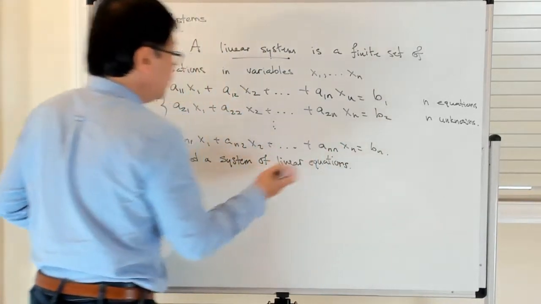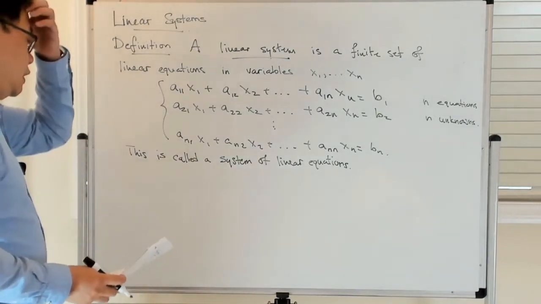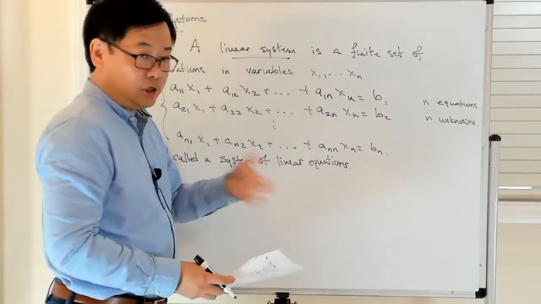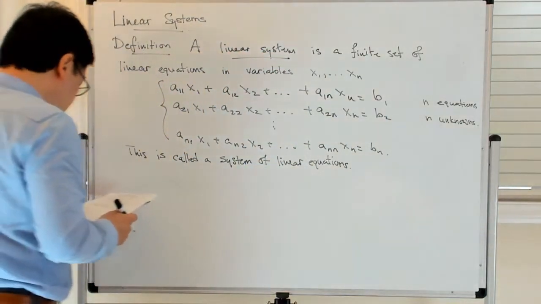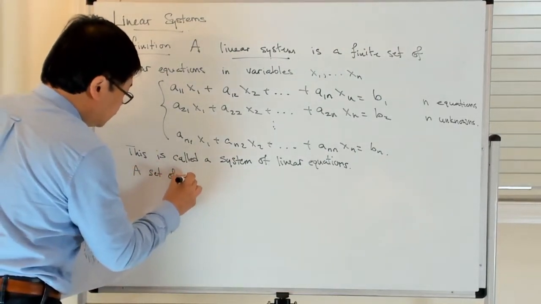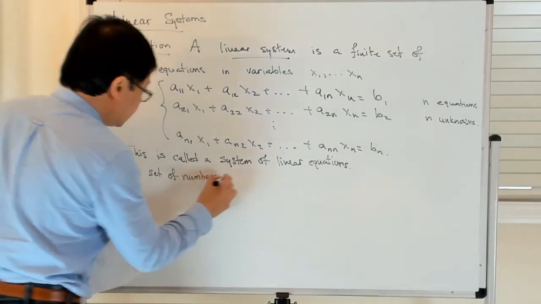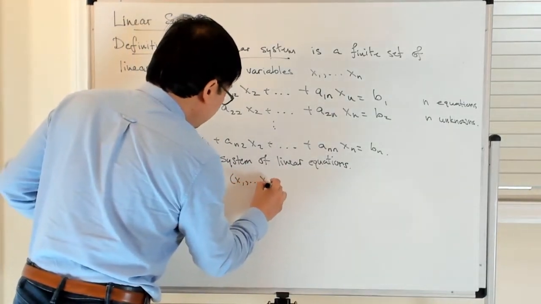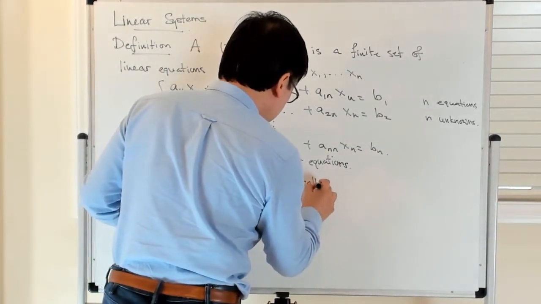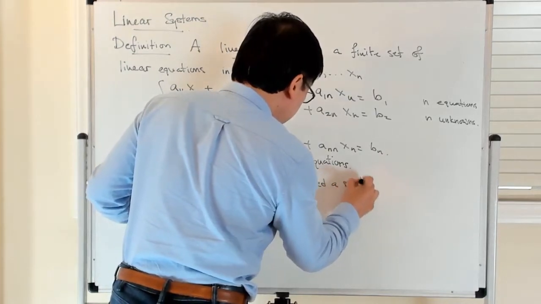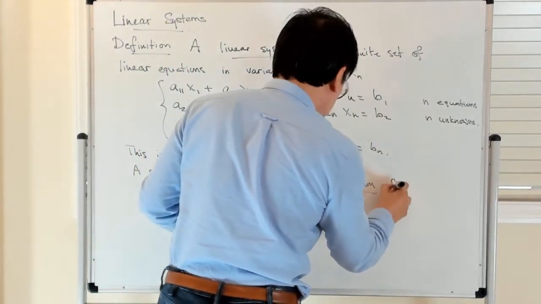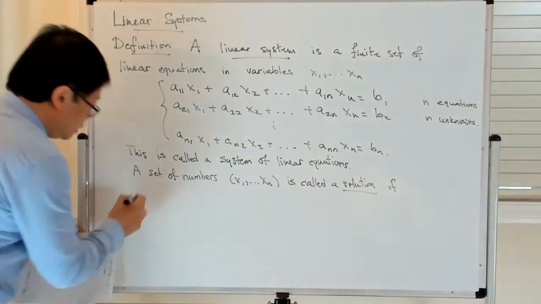And basically what you're looking for is a set of variables x1 to xn which satisfies all these n equations simultaneously. Okay, so a set of numbers x1 to xn is called a solution if it satisfies every equation in the system.